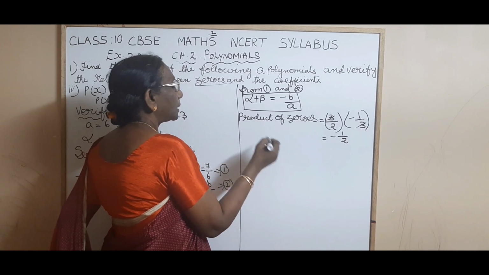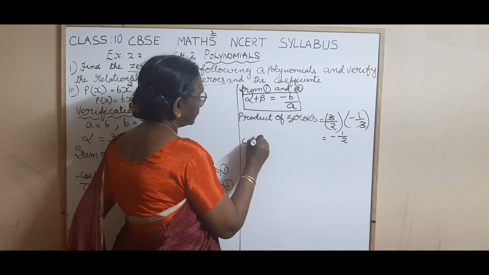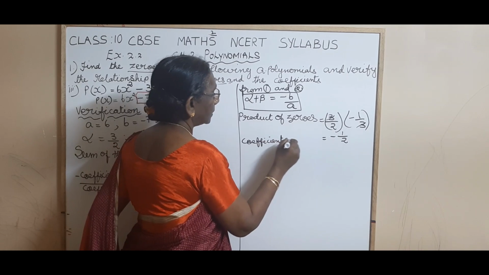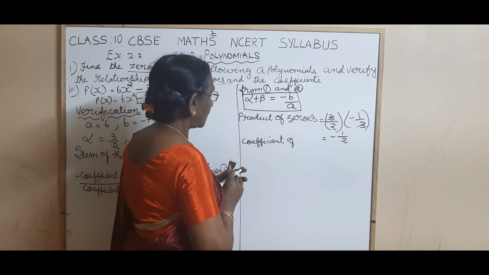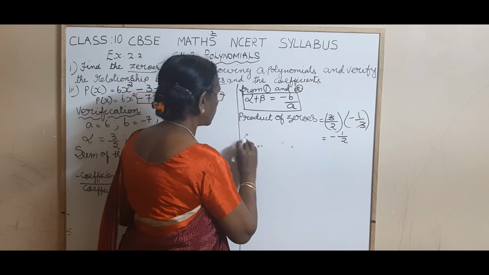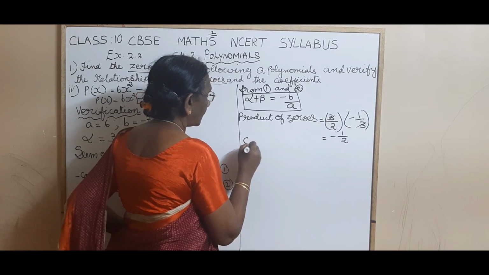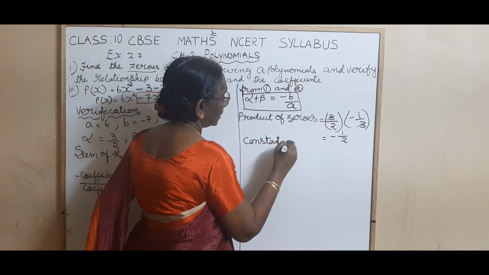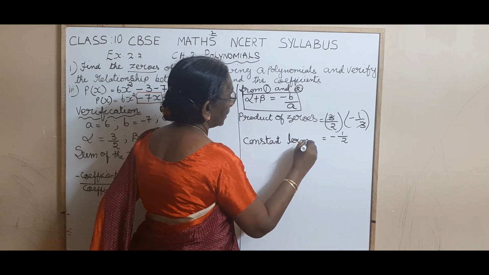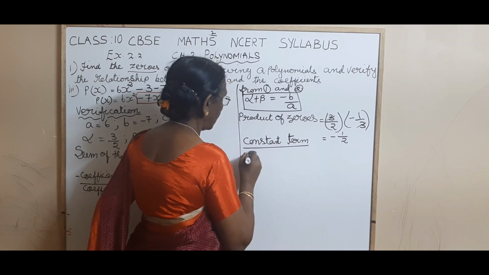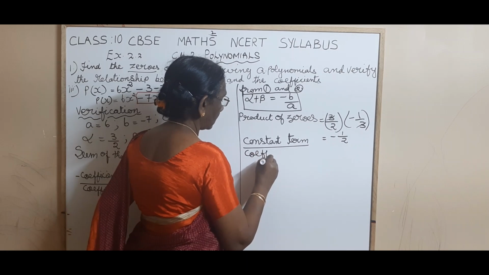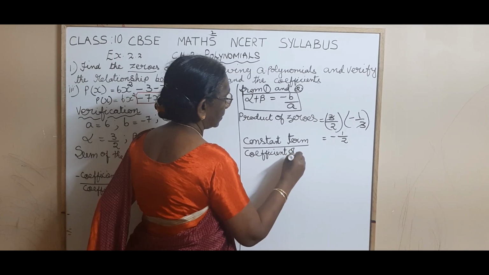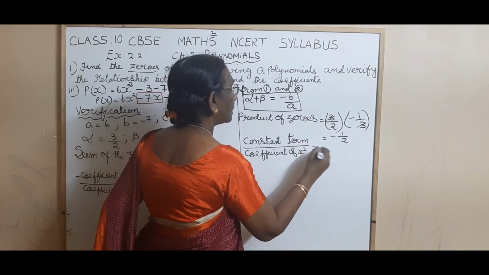Now let us find the constant term divided by a.